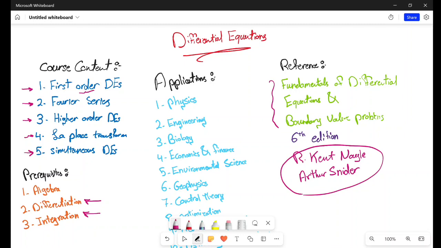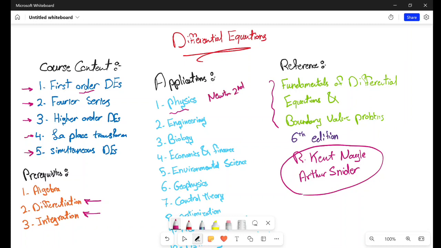Here are some of the key areas where differential equations are applied. First, physics. In physics, it is used in describing the motion of objects under the influence of forces, and if you could recall, that's Newton's second law.